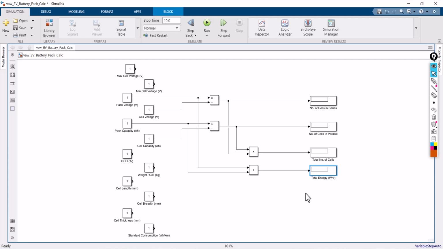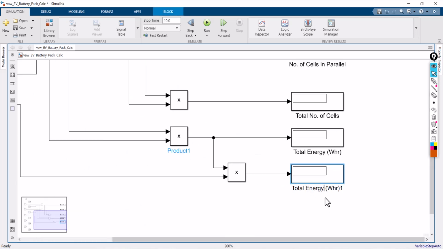How to calculate available energy? Simply multiply this total energy with the depth of discharge, which will give you the available energy. See, there is a lot of difference between total energy and available energy. You can use only the energy available up to the depth of discharge.